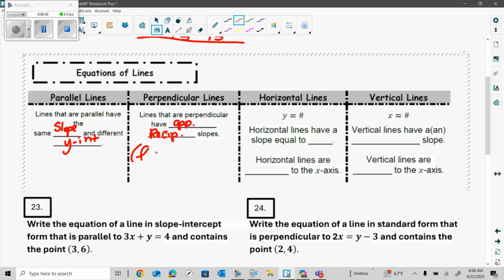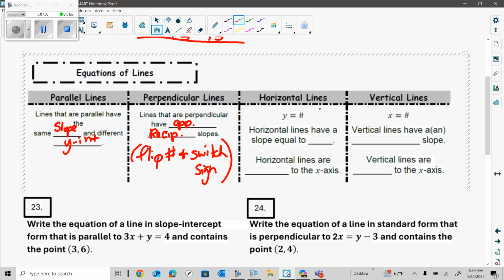This is when we have to flip the number and switch the sign. Flip and switch, all right?